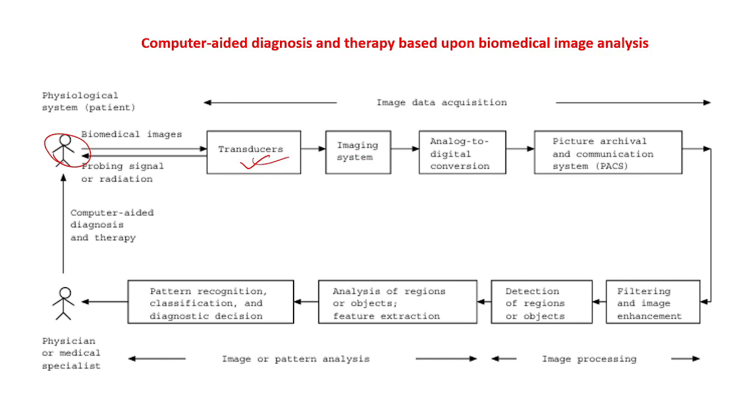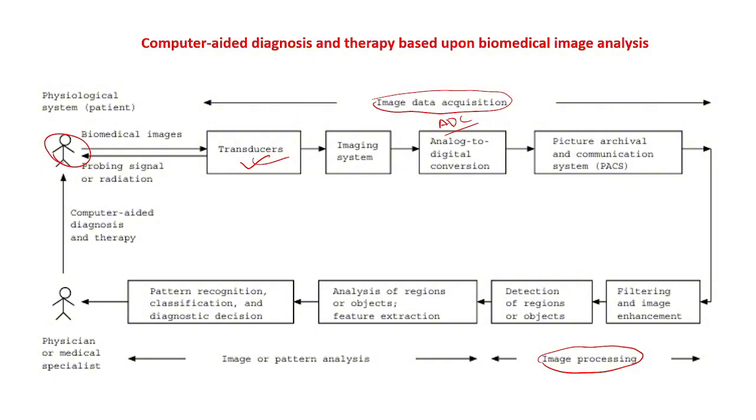Then the imaging system, then the analog to digital conversion, that is ADC, converts the analog signal into a digital signal. Then the picture archiving and communication system, PACS, transmits the digital image to other devices. This segment is called image data acquisition. In this part, we acquire or capture an image and convert it from analog to digital.